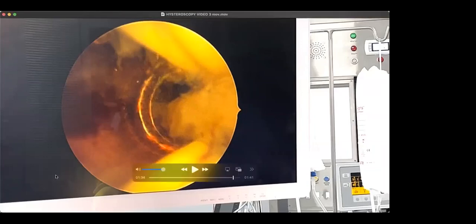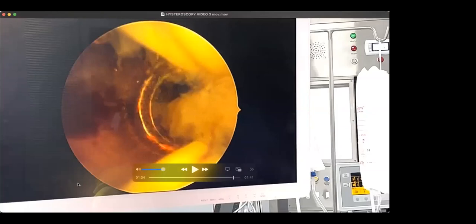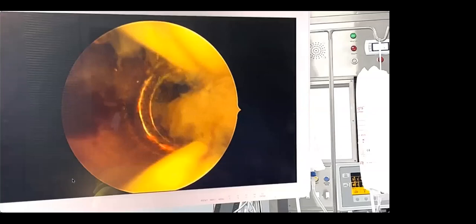Is it not possible to place even a refuse bag underneath the patient's bums, so that at least we can collect the fluid that is being lost during the hysteroscopy, so that we may have an idea of how much the patient may have absorbed, and correct if there's need to correct the overload?